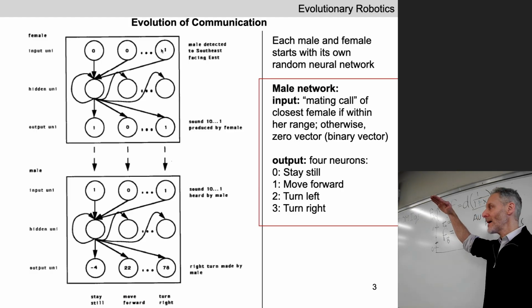At every time step, we forward propagate those values. We take those values, multiply them by the synaptic weights to compute the values of the hidden layer. We take the values at the hidden layer, multiply them by the recurrent connections and the outgoing connections to compute the values arriving at the output layer.